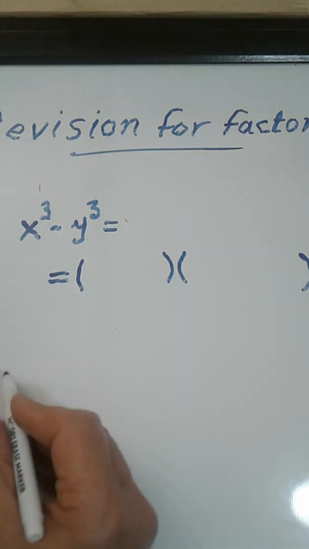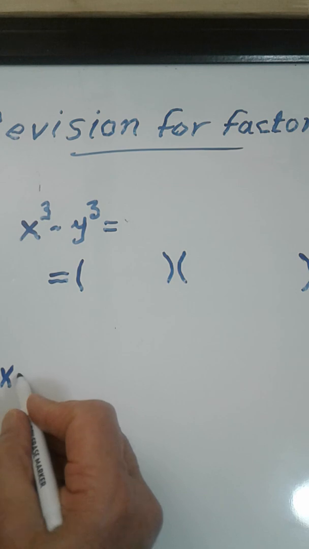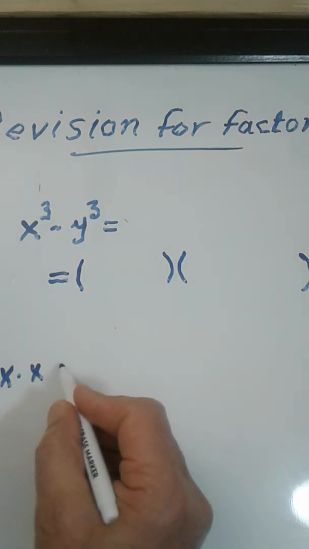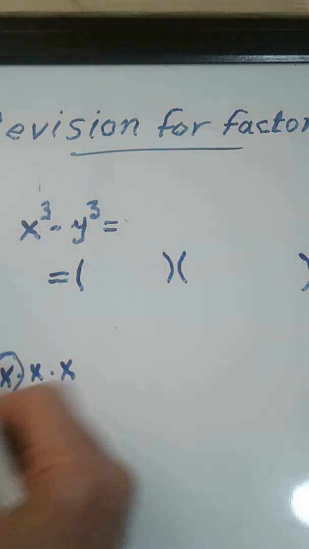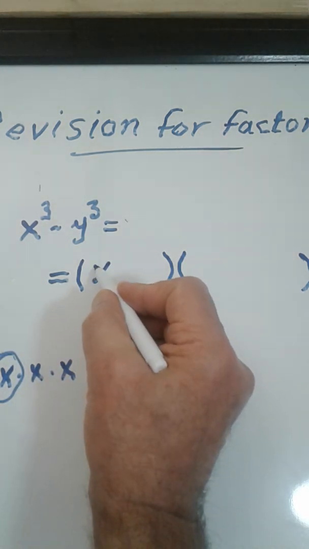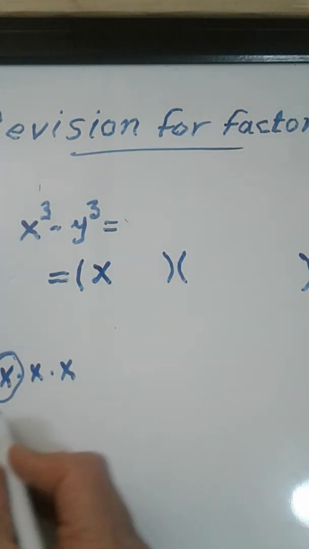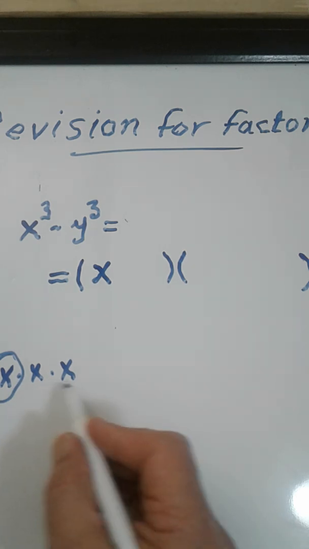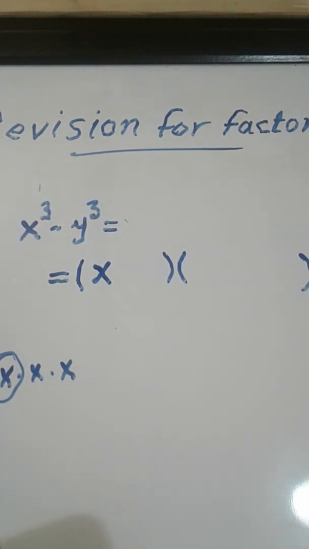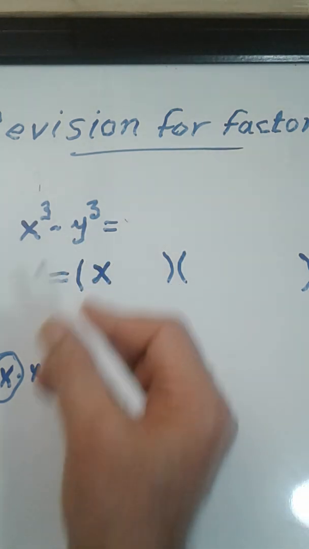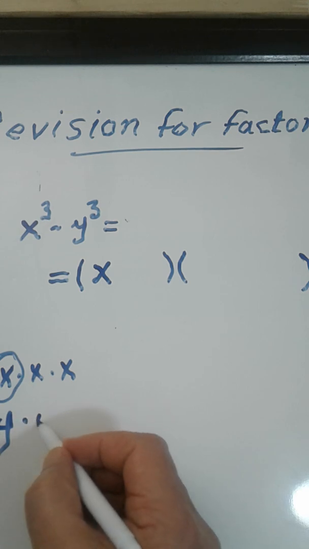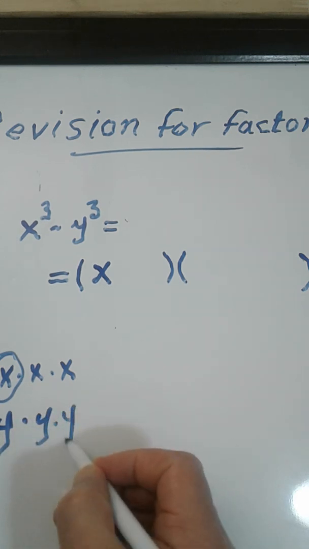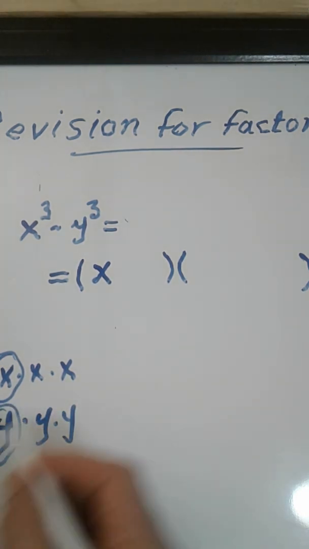Okay, x cubed is like x times x times x. We take one of them and write it here, which is the cube root. And for y cubed, the same thing, y times y times y. We take one of them and write it here.